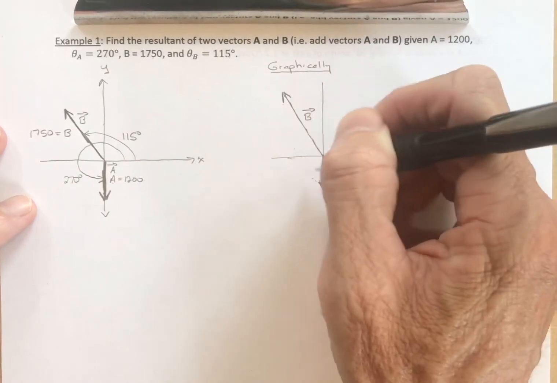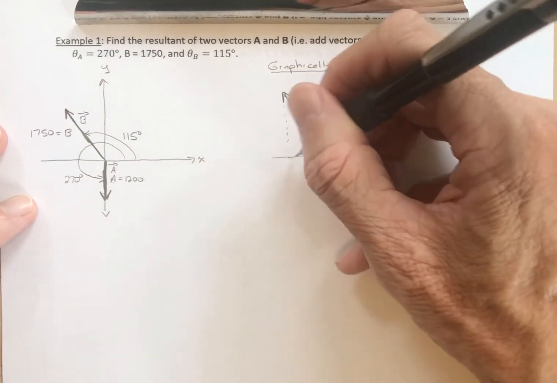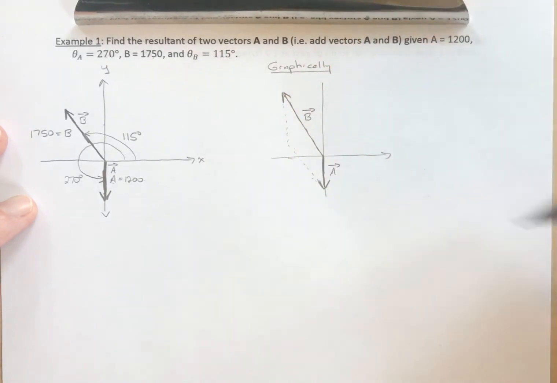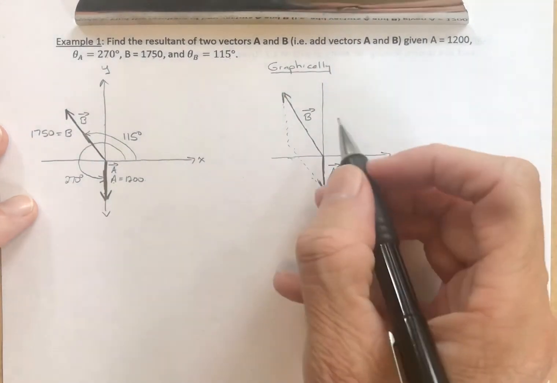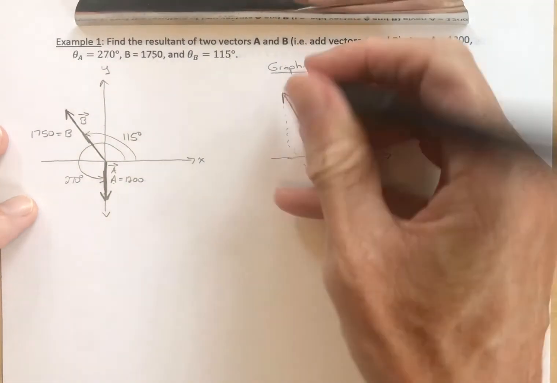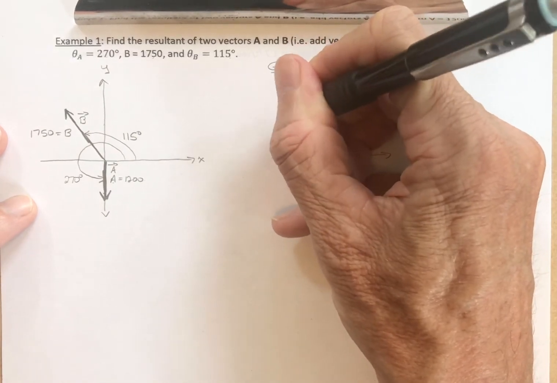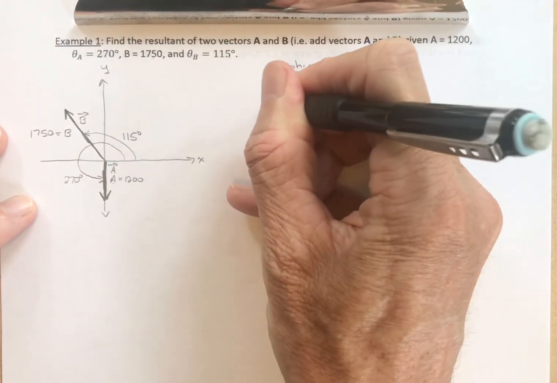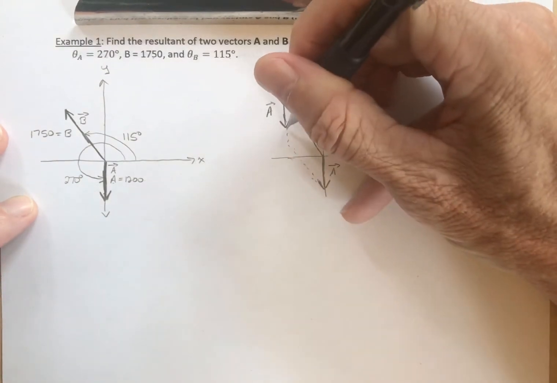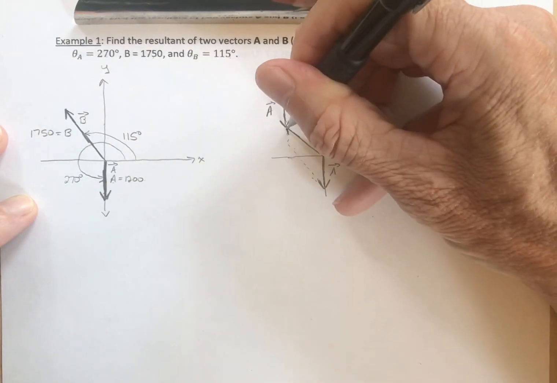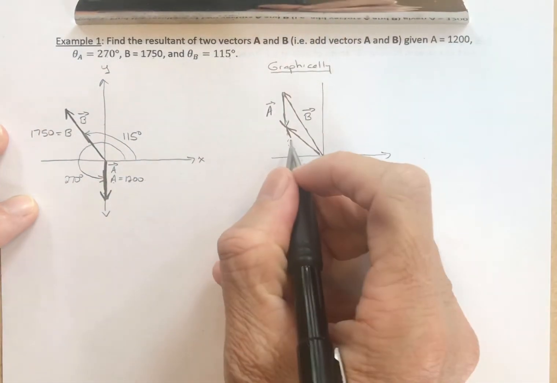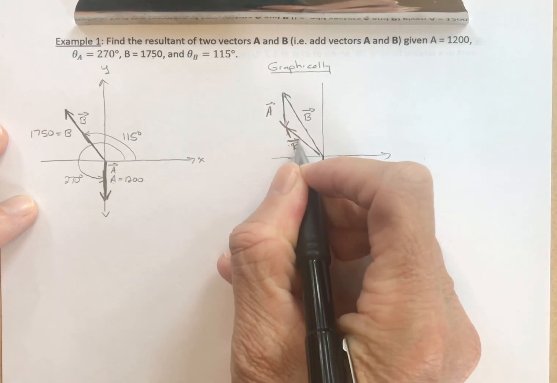You can draw a parallelogram, which I think would have us do more like this. Or we can put vector A over here. Either way, there is the resultant vector we're talking about right there.